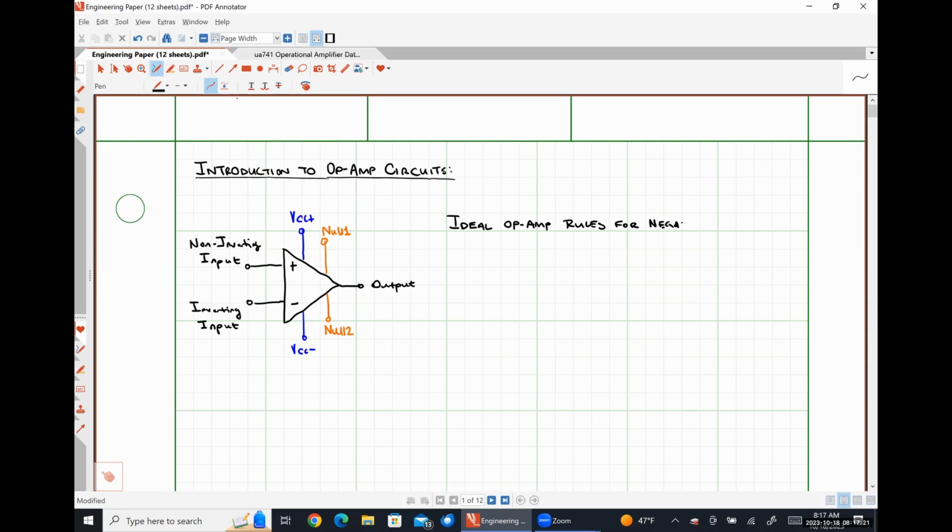And I'm explicitly stating here that these are applicable only for negative feedback circuits.